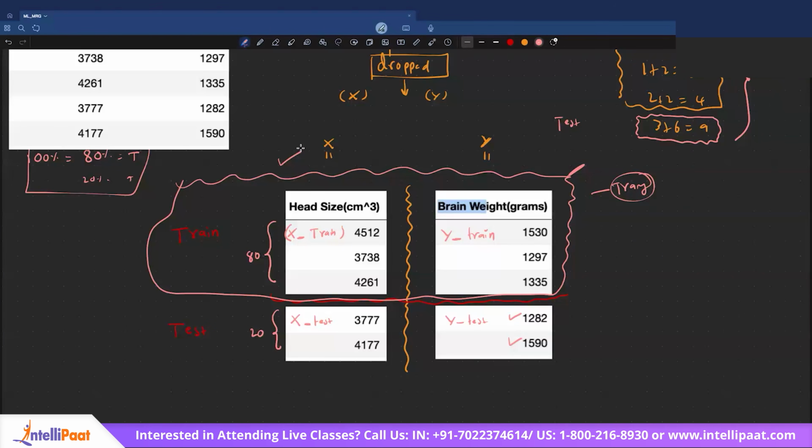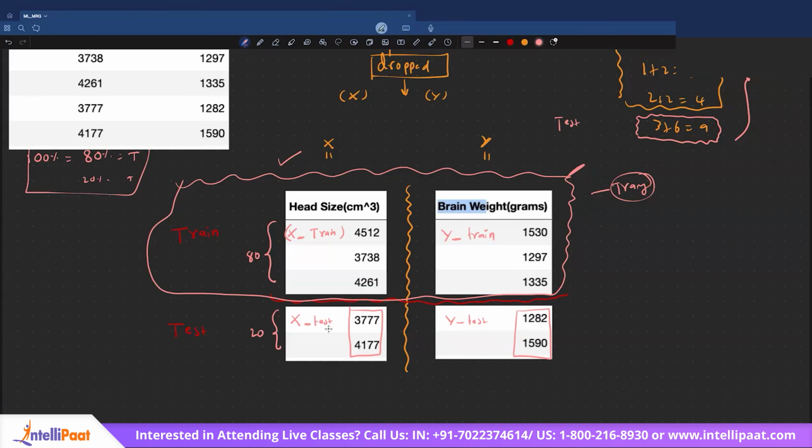But now I want to test my model. I want to test my answer. To test my answer, don't I need to give it the value of X for it to give me the prediction of Y? If I give it the value of X, the machine learning model will give me some prediction. Oh, I think it will be this much. Correct or not?